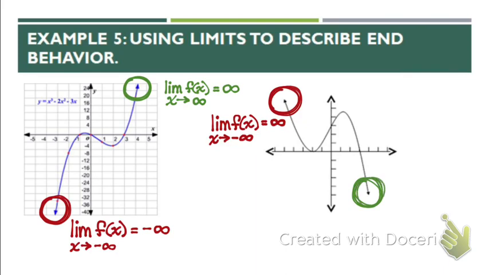And then down here, tell me how to write this limit. Limit x, and under that would be x approaching infinity. Yes, limit of f of x. Underneath that, x approaches infinity. What is that limit? Negative infinity, because it is going down.